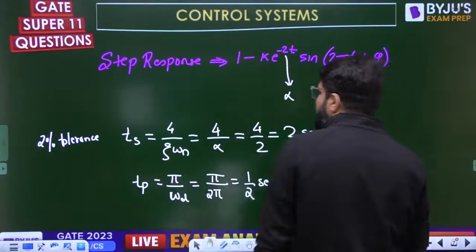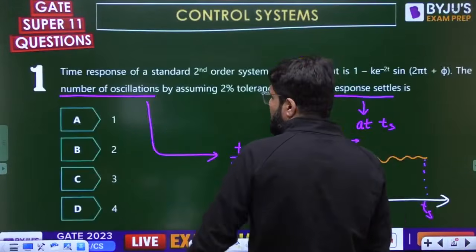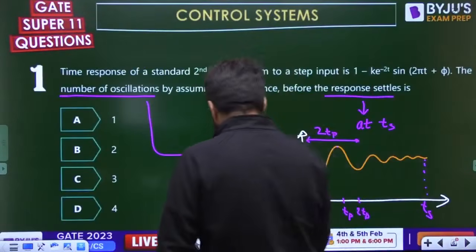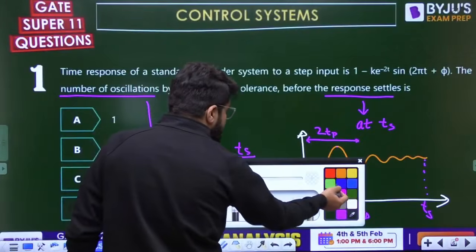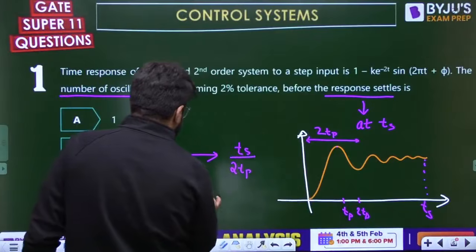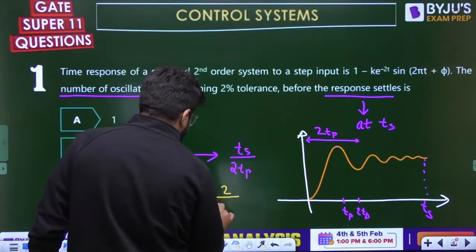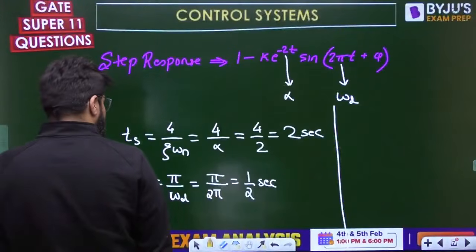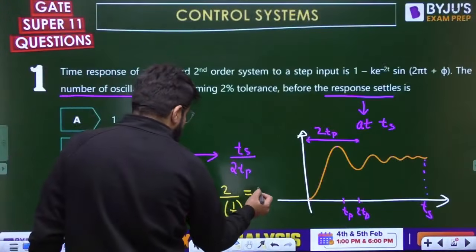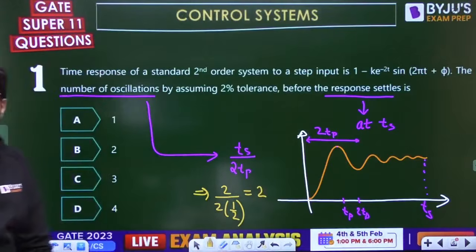So peak time is 1 by 2 seconds. Now when I want to write down the number of oscillations, how much does this turn out to be? I've got my settling time as 2 and my peak time is equal to half. So this turns out to be only 2 cycles.